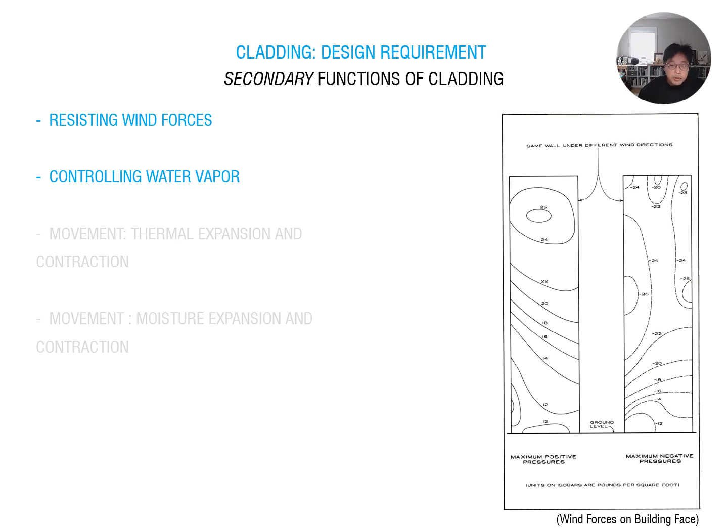First, depending on your project location, you have to consider resisting wind forces. The cladding is required to have adequate strength and stiffness to sustain wind pressure. Wind pressure will vary by height and location. You see this is higher wind pressure and lower wind pressure.